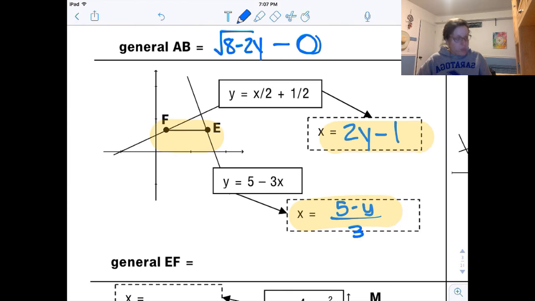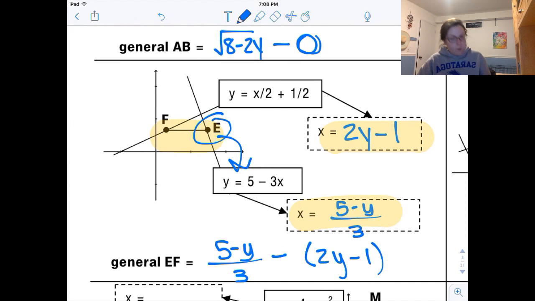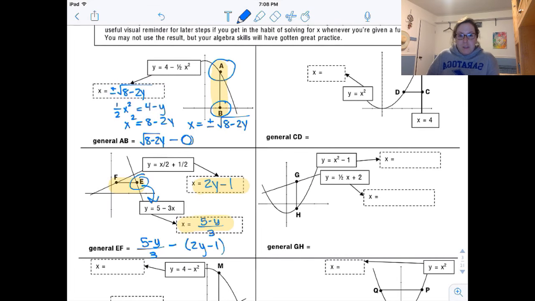So I'm going to do the right-hand coordinate, which is 5 minus y over 3, on that line, minus the left-hand coordinate, which would be 2y minus 1. And so what I see there again is that to find the distance between those points, I'm just subtracting those coordinates. So very basic, but that's sort of the foundation that all of this rests on.